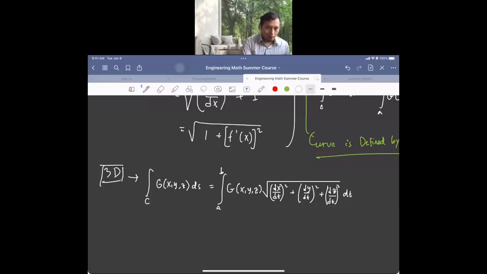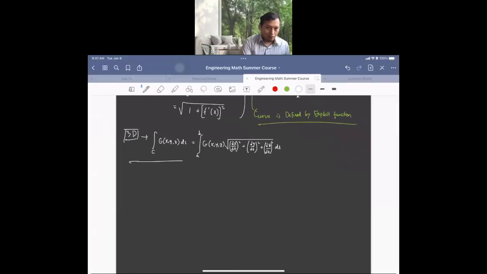Okay, we can just add one more variable. But let me skip that first and give you an idea of what happens if we cut the curve.